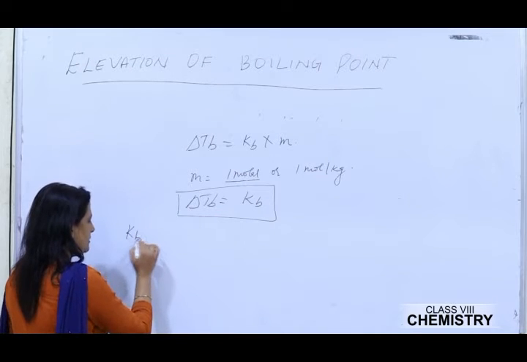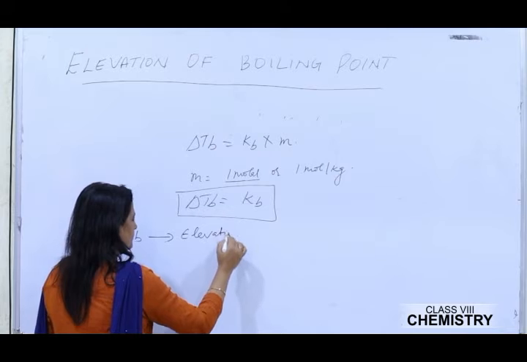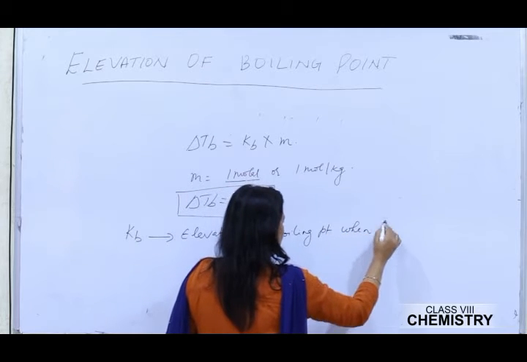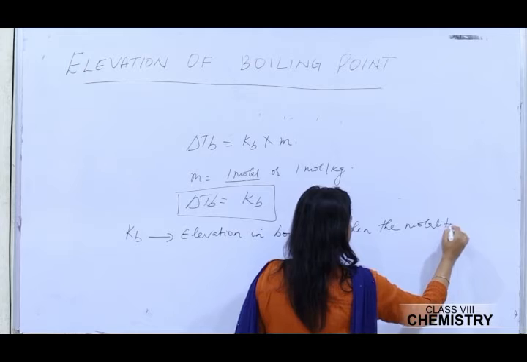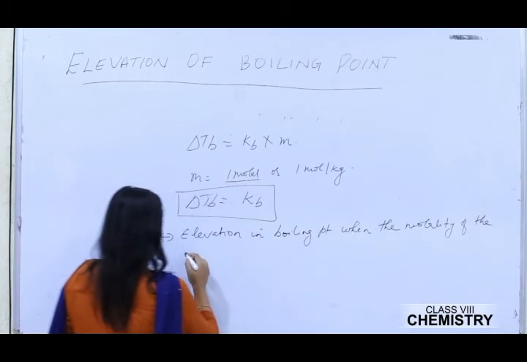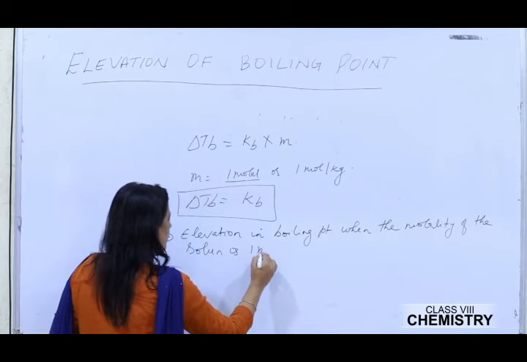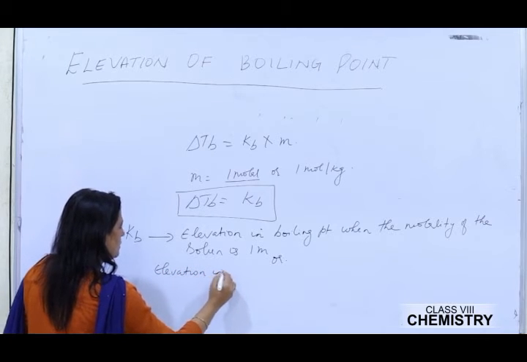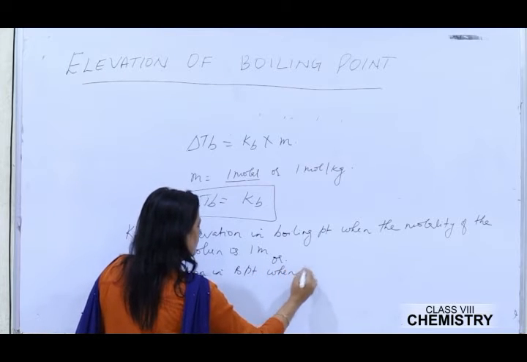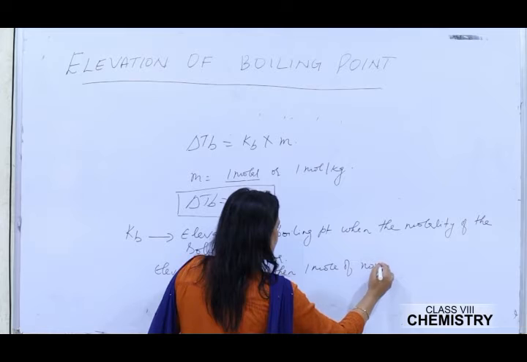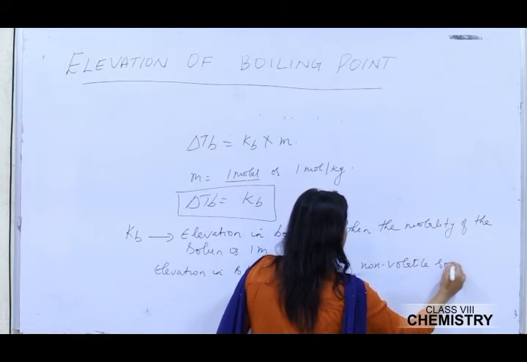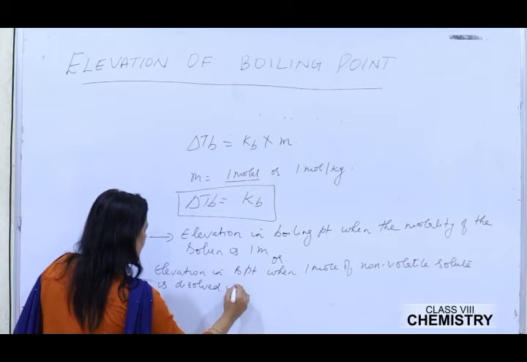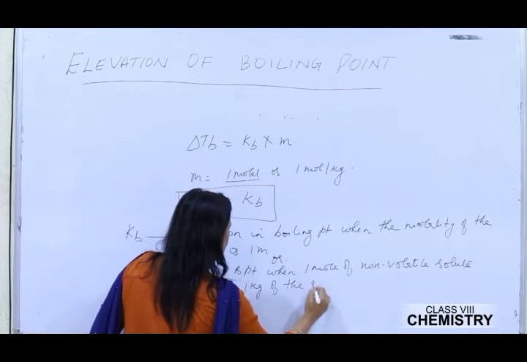So Kb is the elevation in boiling point when the molality of the solution is 1 molal, or it is the elevation in boiling point when 1 mole of non-volatile solute is dissolved in 1 kg of the solvent.